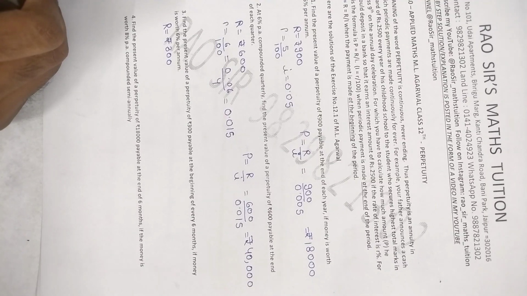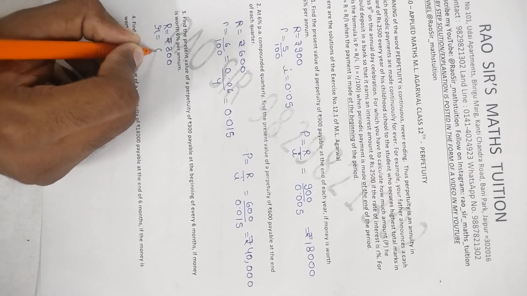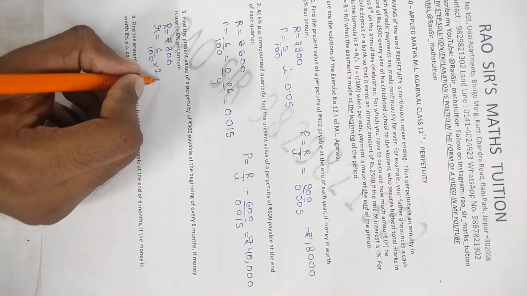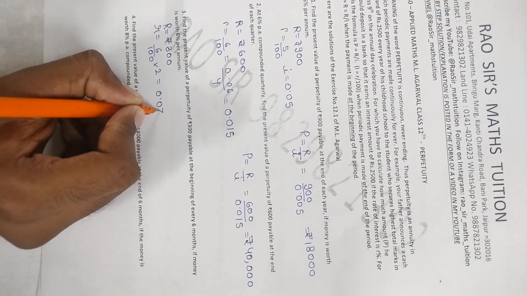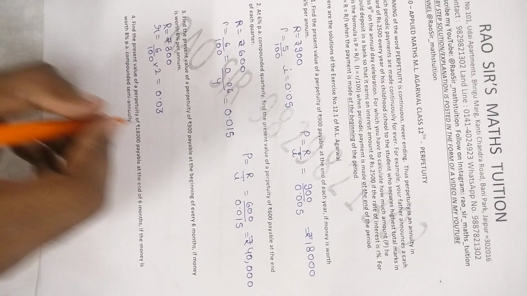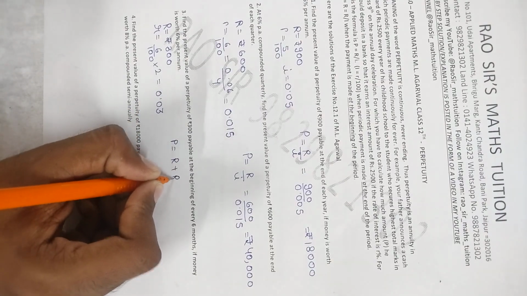Since it is every 6 months, that means 6 upon 100 into 1 by 2, that is 3 by 100, 0.03. Similarly, with the same formula, P is equal to R by I.